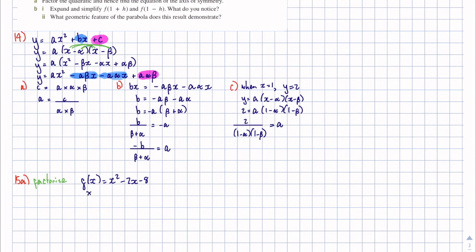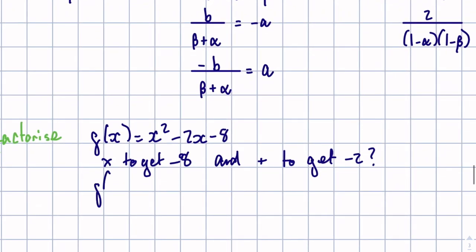What times is to get negative 8 and adds to get negative 2? Negative 4 and positive 2. X take 4, x plus 2. So if I expanded it, x squared, take 4x plus 2x, yeah, take 2x. Negative 4 times 2, negative 8, cool.